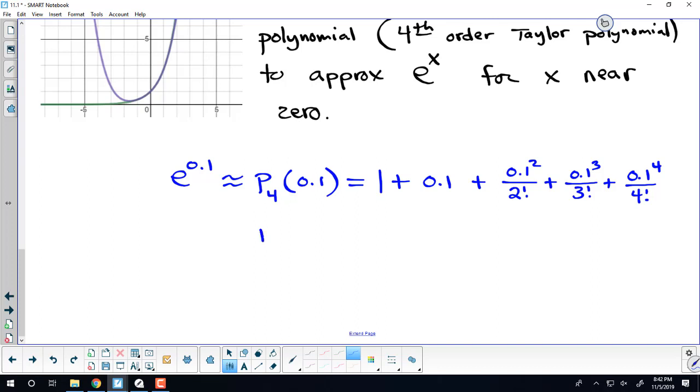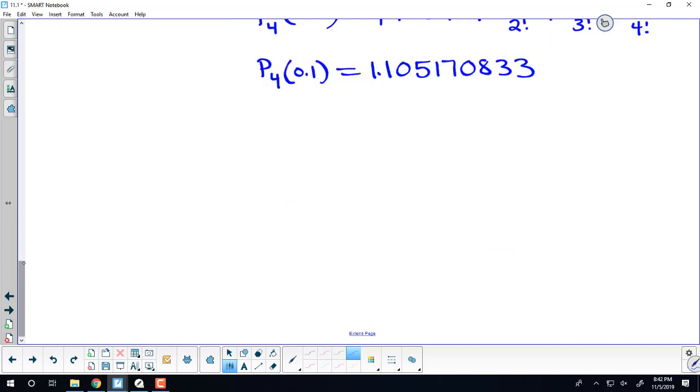So that's equal to 1.10517083 for the approximation, right? The P sub 4 is the approximation.